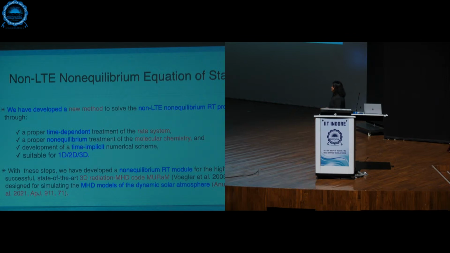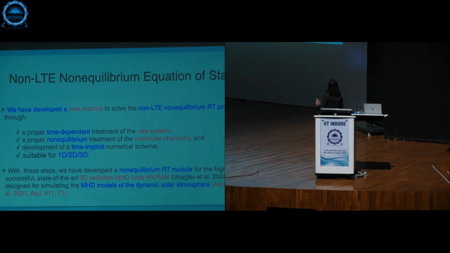So what I have been doing for the last few years is to develop a numerical method in the radiative transfer module for the state of the art MHD code MURaM, such that it takes the time dependence of the rate system properly, and the non-equilibrium treatment of the molecular chemistry is also taken into account properly, so that the equation of state does not have a problem.